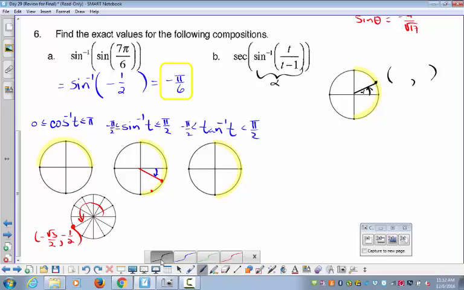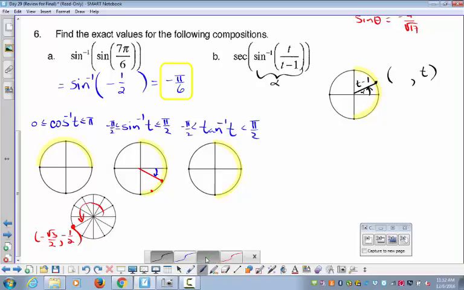Sine is the second coordinate, so I need this second coordinate divided by the radius to be that. So the easiest choice is to make the radius t minus 1 and the y coordinate t. That will be the angle on the right side with a sine value of t divided by t minus 1.